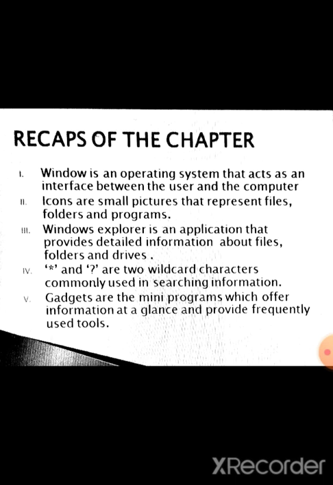Fourth point is that star and question mark are the two wildcard characters which are used in searching information. And the last point is gadgets are mini programs which offer information at a glance and provide easy access to frequently used tools.